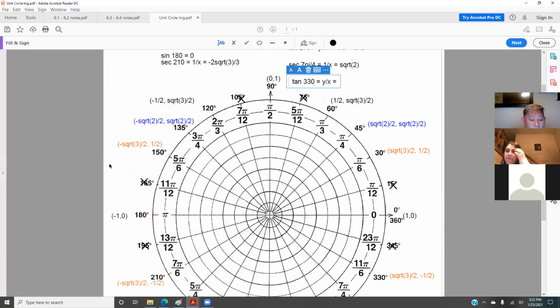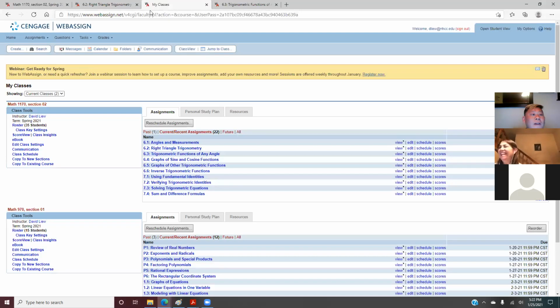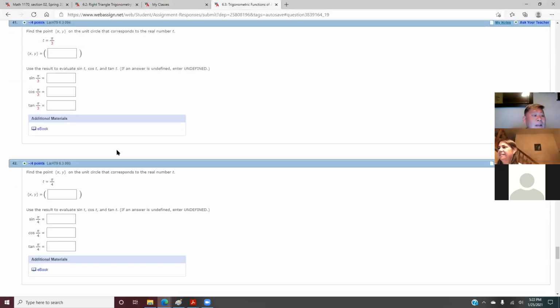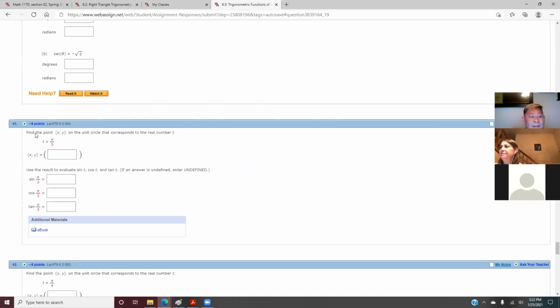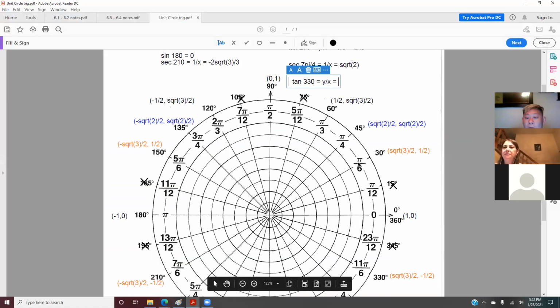Okay. Now we can use this unit circle approach to do your homework. Your homework in 6.3 at the end asks a few of these. Use a unit circle approach to do pi over 3. If you refer to this, pi over 3 is this one, right?